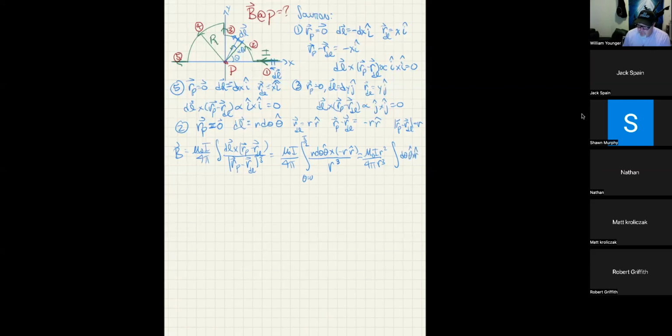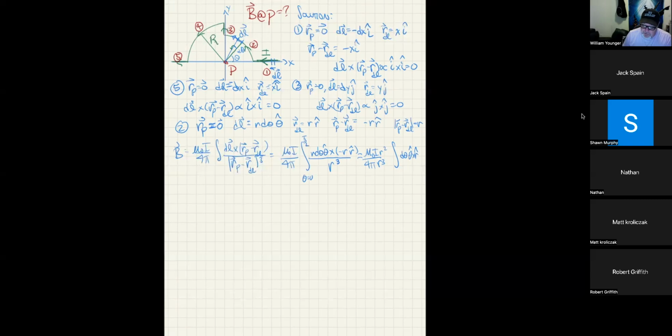Now, in general, if this doesn't work out to something like k hat, then we'd have to go and plug in what theta hat is, plug in what r hat is, and integrate it as it stands. So right now, what I'm looking at is theta hat cross r hat is actually into the board.